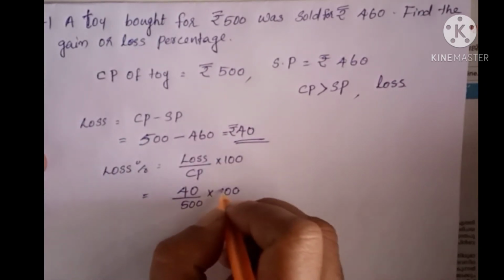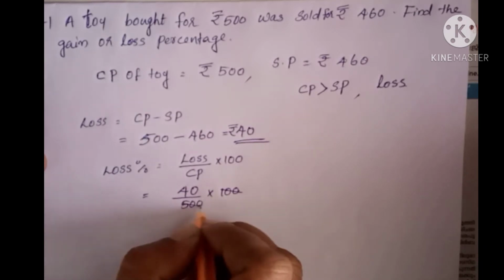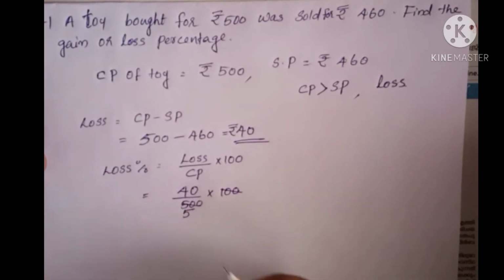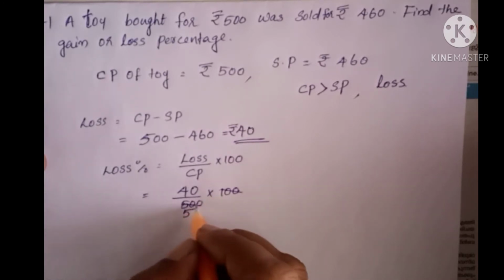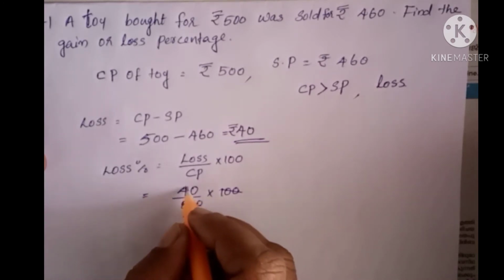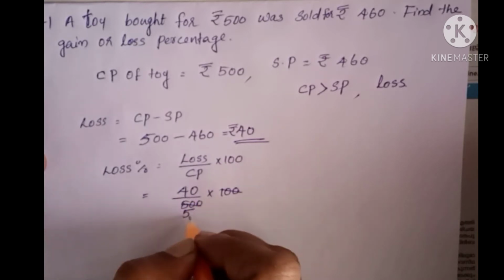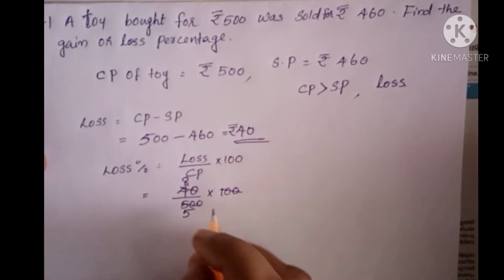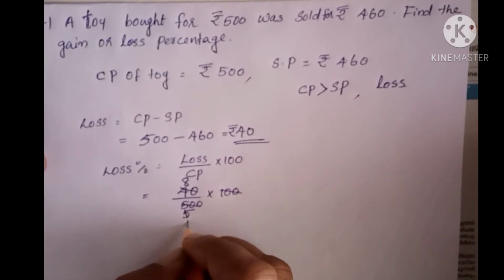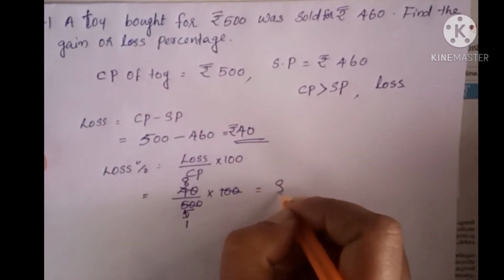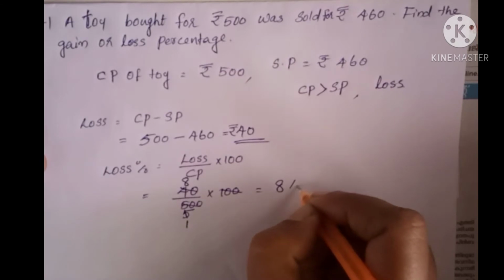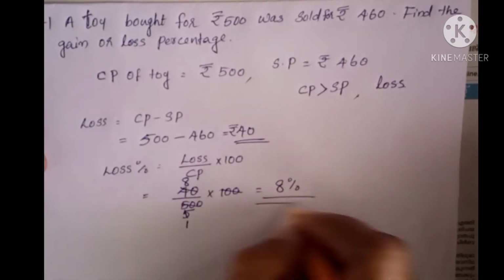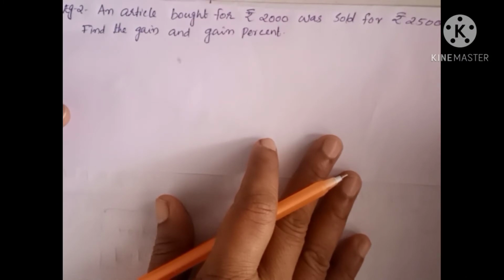We can cut this 100 and 500. 100 goes 5 times in 500. Then again we can cut both sides by 5. In 40, 8 fives are 40. In 5, 1 five. So 8 percent is loss.